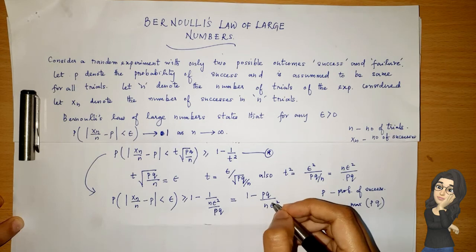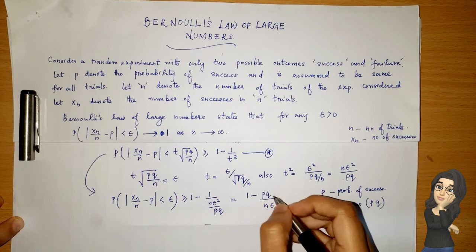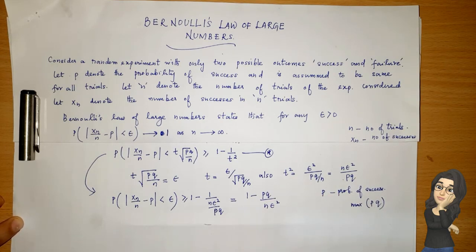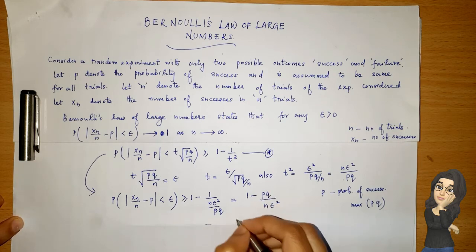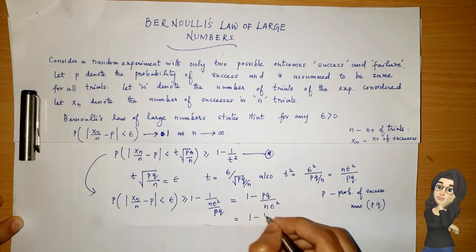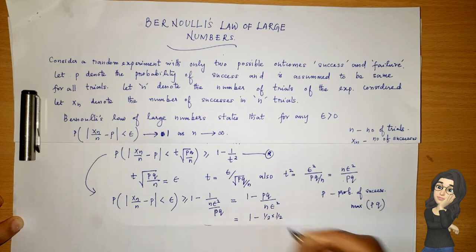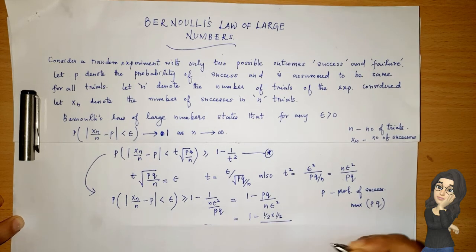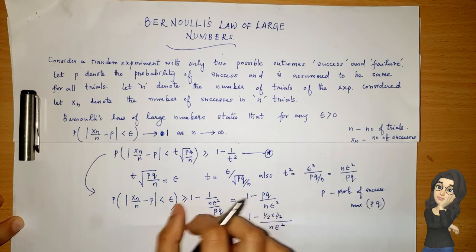So we are going to substitute P and Q by the maximum value, which is equal to 1 minus 1 by 2 into 1 by 2 divided by N epsilon square.